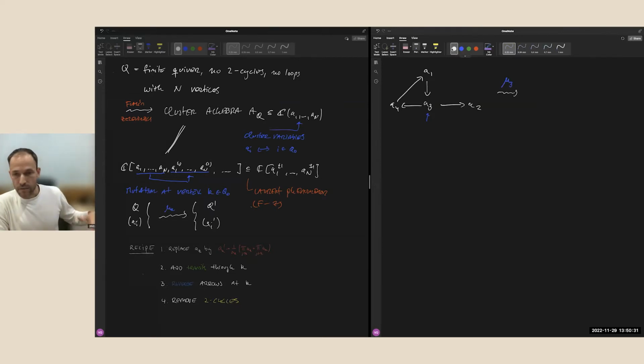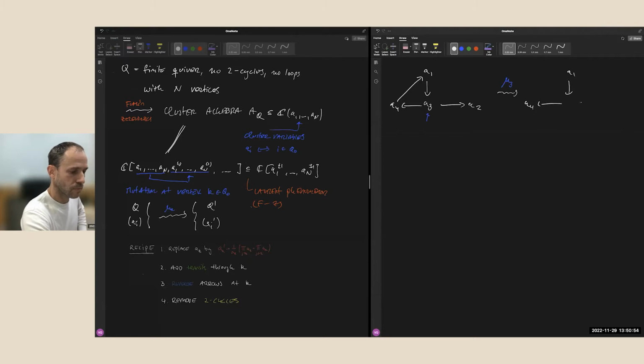We leave all cluster variables the same, but we replace the k-th, in this case the third, cluster variable by 1 over the old cluster variable times the sum of the product over all ingoing arrows' variables and the product over all outgoing variables. So with A3 prime, ingoing, there's only the arrow from A1 to A3. And outgoing, there's from A3 to A4 and A2. So we have A1 plus A2 times A4, divided by A3.